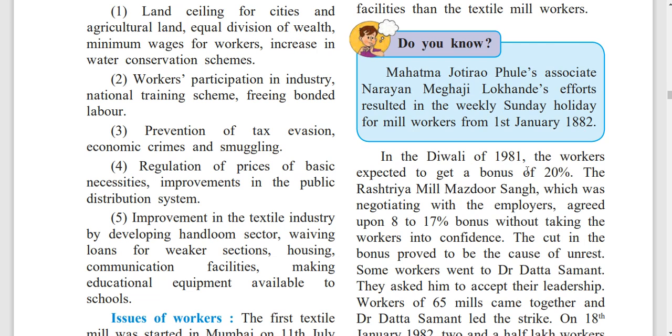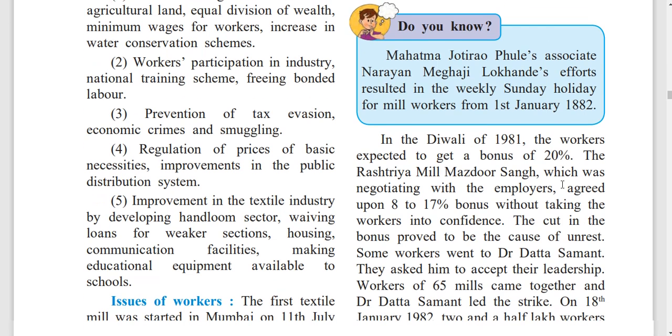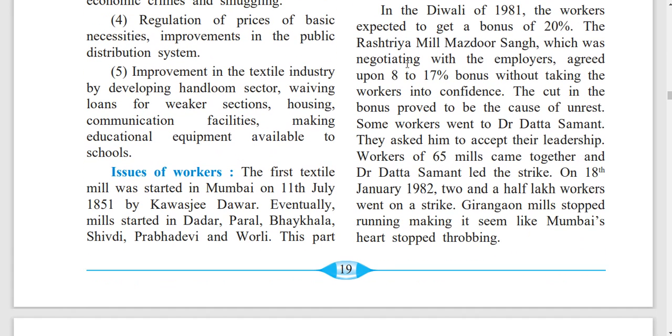In the Diwali of 1981, the workers expected to get a bonus of 20%. The Rashtriya Mill Mazdoor Sangh, which was negotiating with the employers, agreed upon 8 to 17% bonus without taking the workers into confidence. The cut in the bonus proved to be the cause of unrest. Some workers went to Dr. Datta Samant.